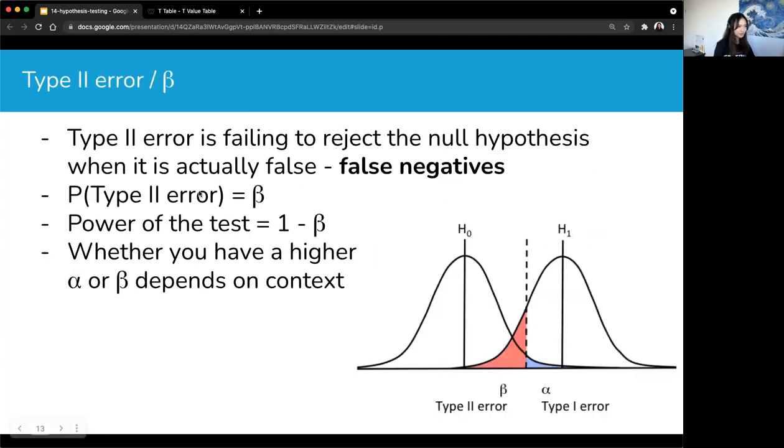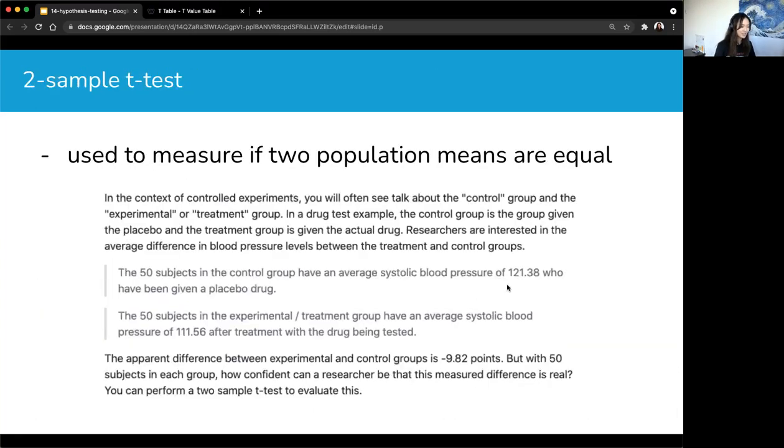So a type 2 error is failing to reject the null hypothesis when it is actually false, which is a false negative. So the probability of a type 2 error is called beta, but beta is also something that you have to calculate depending on what effect you're observing. So for example, in our last case here, when we saw a measured difference of negative 9.82, it also depends on that value that you're observing.